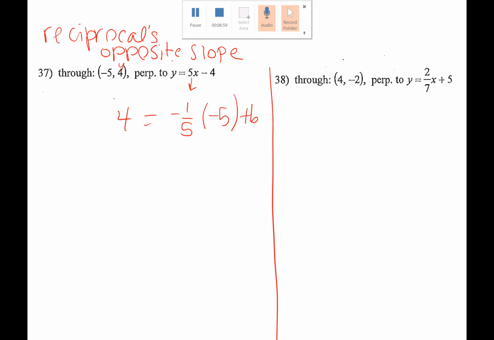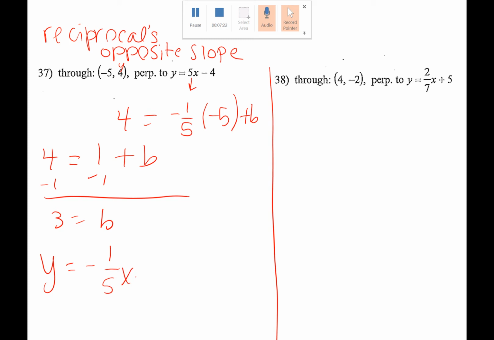So I will still have 4, and then -1/5 times -5. That's positive 5/5, or positive 1, plus b. So when I subtract, I get 3 is equal to b. And then once I plug those in, I'm going to have y is equal to -1/5 x plus 3 for number 37.